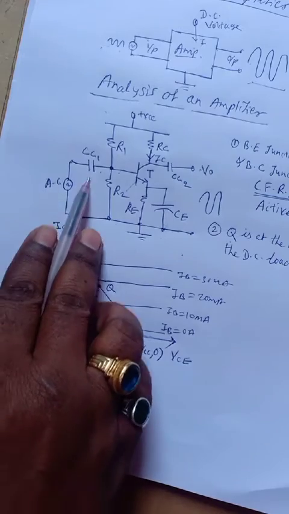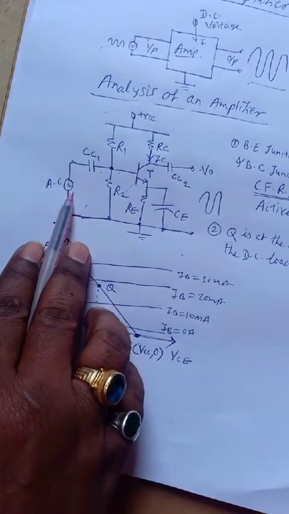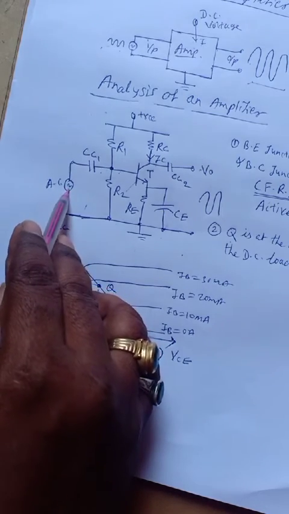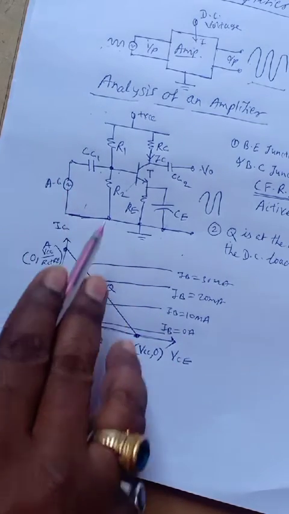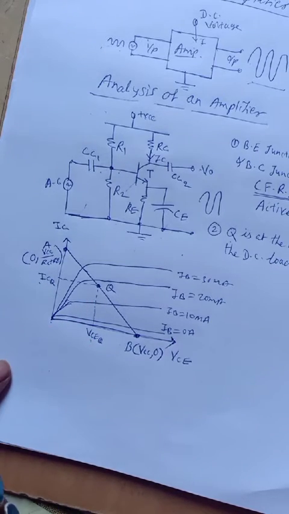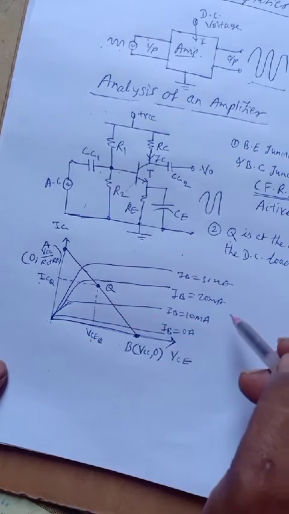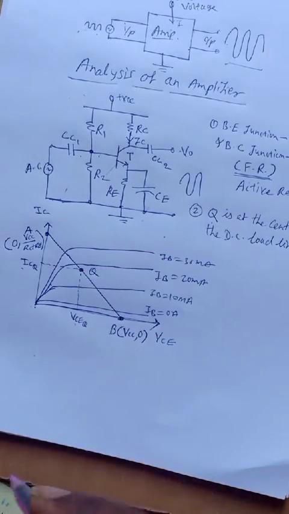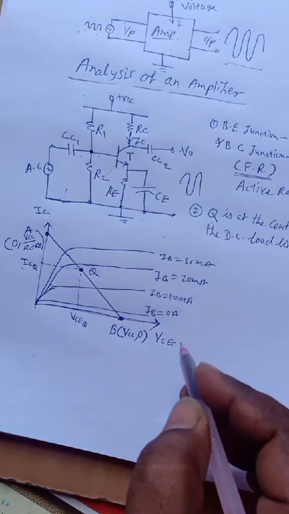No input voltage means we are not applying any AC voltage. At input voltage 0 we get the collector current ICQ and this VCEQ at the center of the DC load line. So when the Q point is at the center of the DC load line, we get maximum amplification.